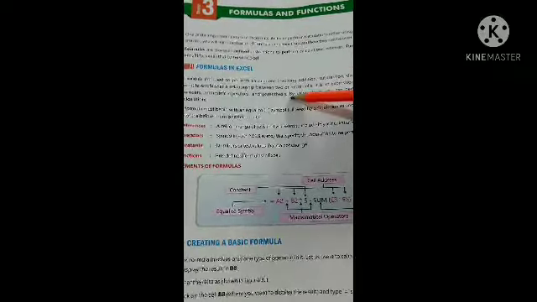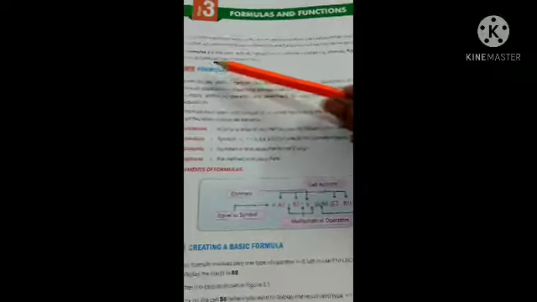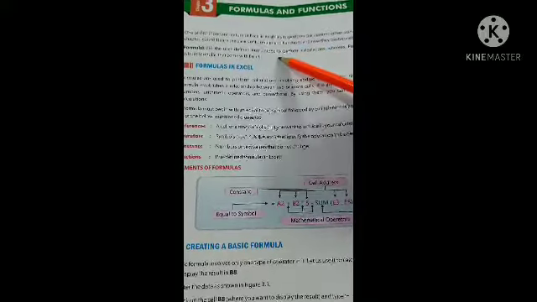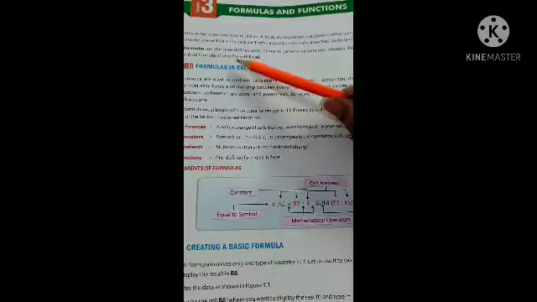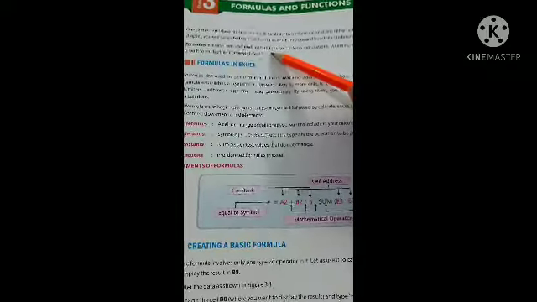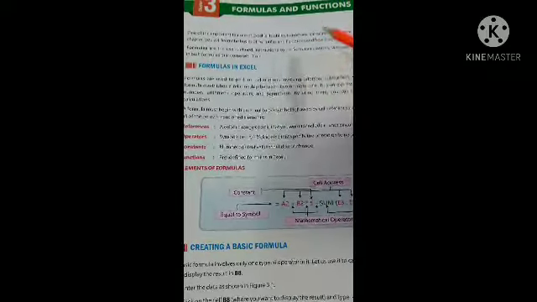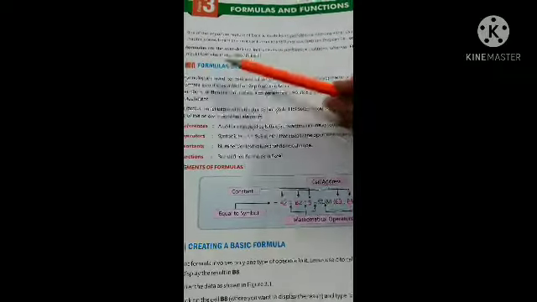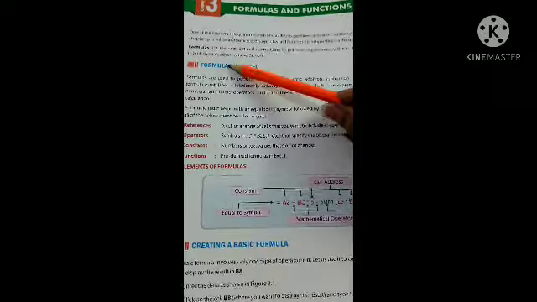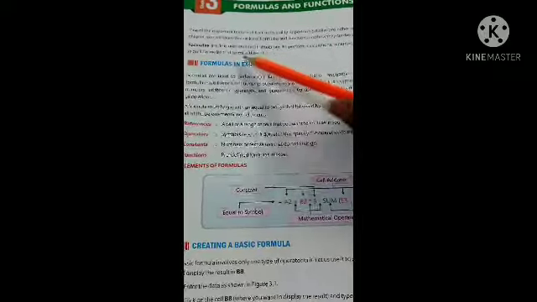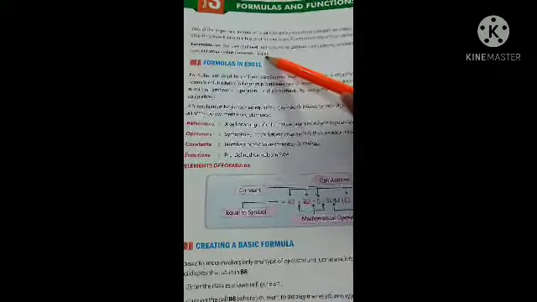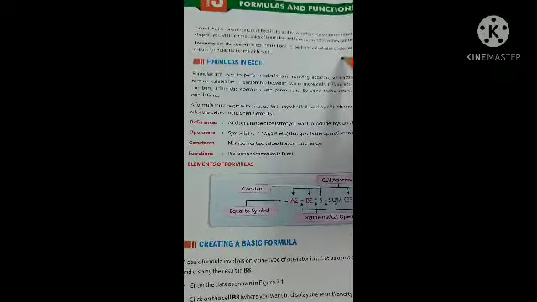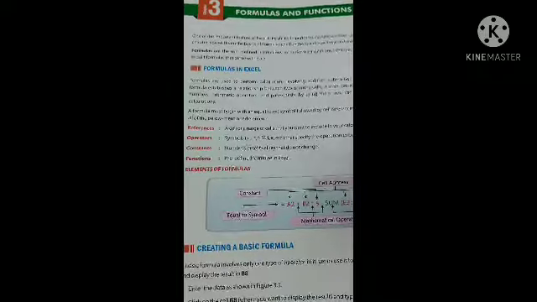What is a formula? Formulas are user-defined instructions to perform calculations. And what are functions?